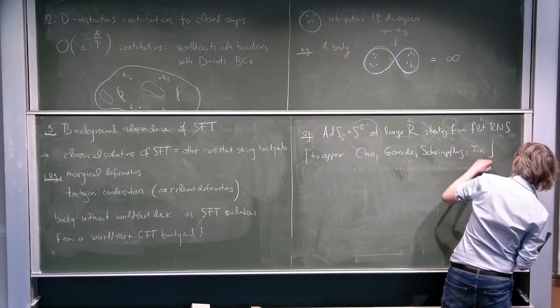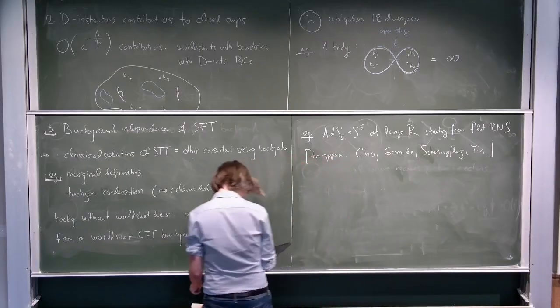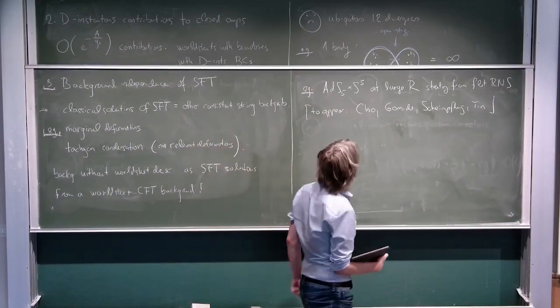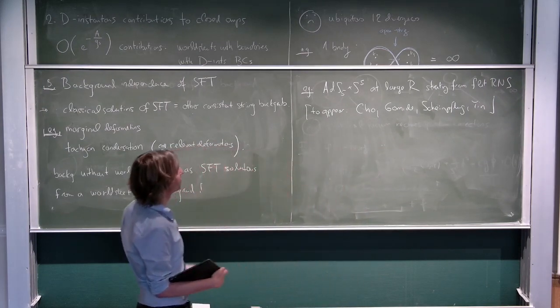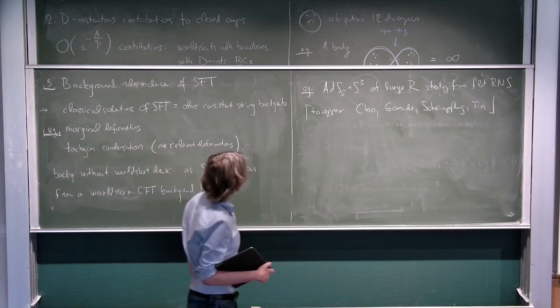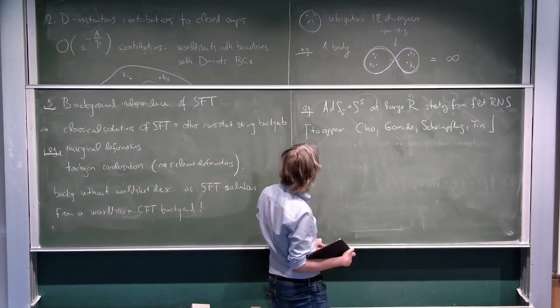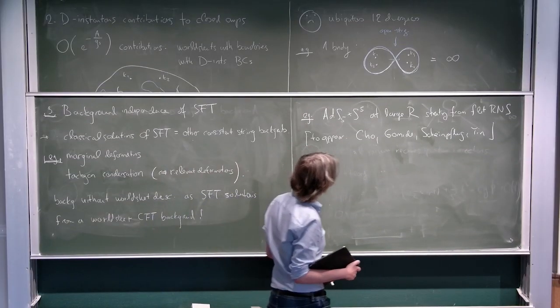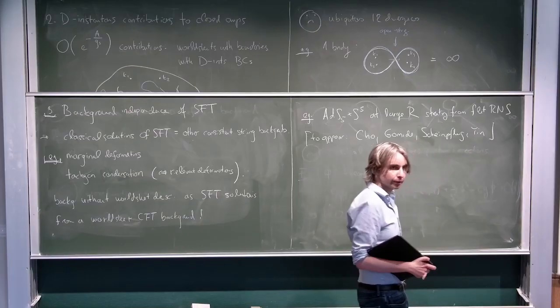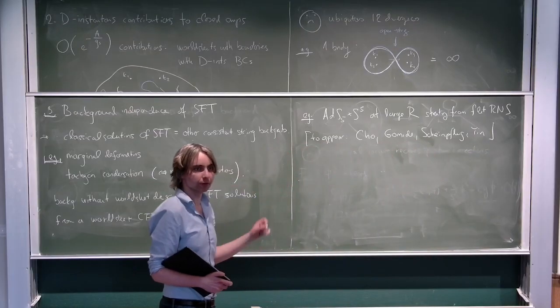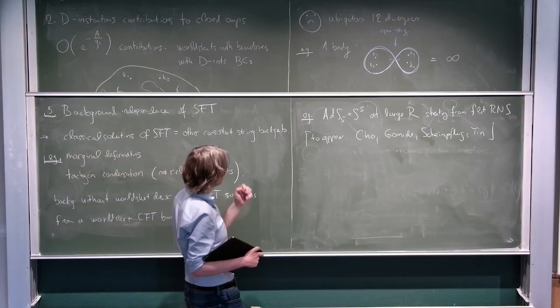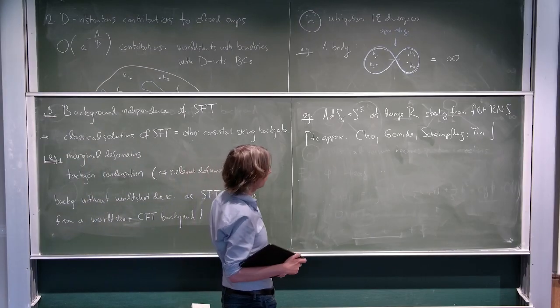So I will invite us to look out for that paper. You'll see, but in particular, they construct, I think, in principle, to all orders, the deformation of the flat space in RNS, which constructs AdS5 cross S5 at finite value of the radius. So I think that's the stage at which they currently are.